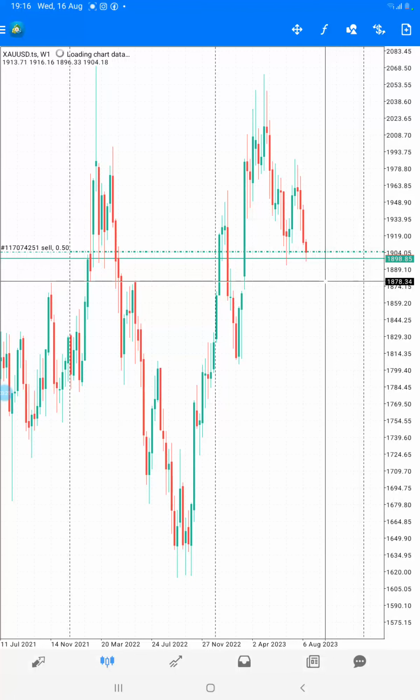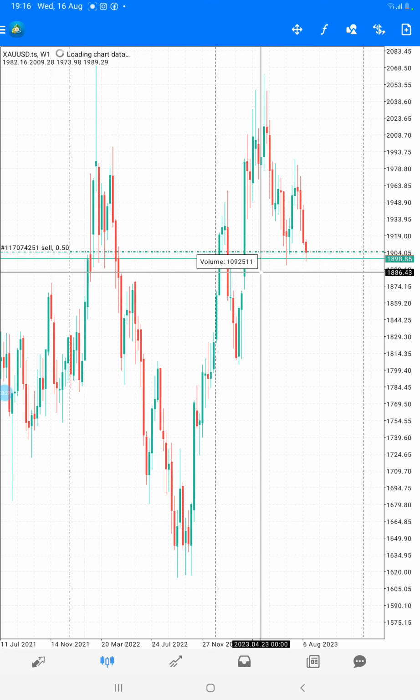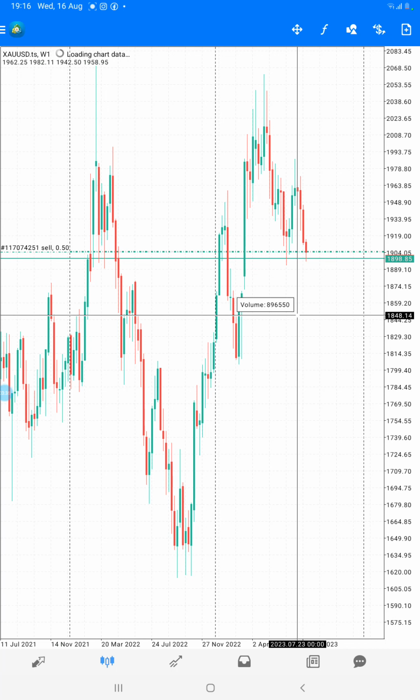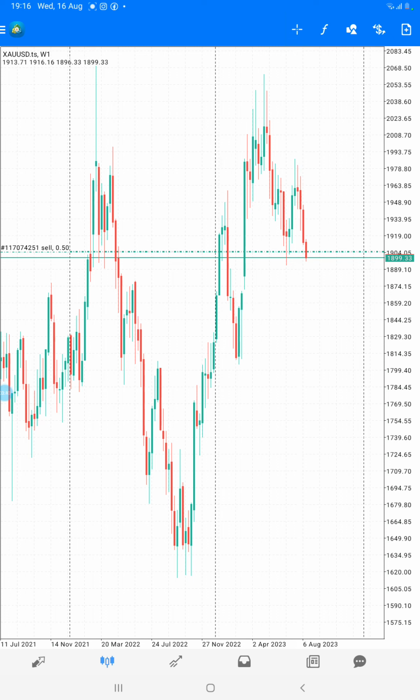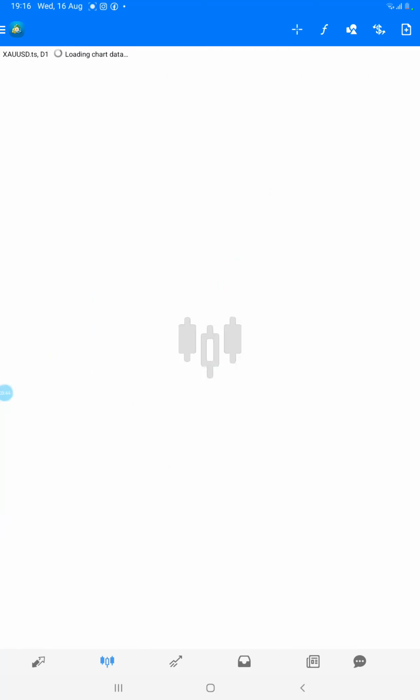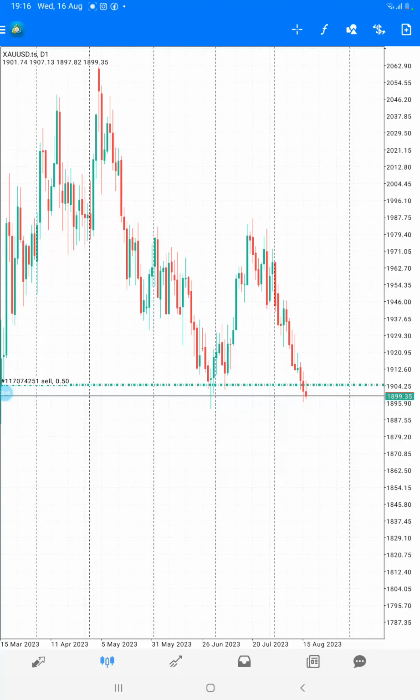We follow the trend, because if you trade against the trend, you will blow accounts most of the time. We draw the technical analysis, and then we follow the trend. We trade with the trend. Then we go to the daily time frame.